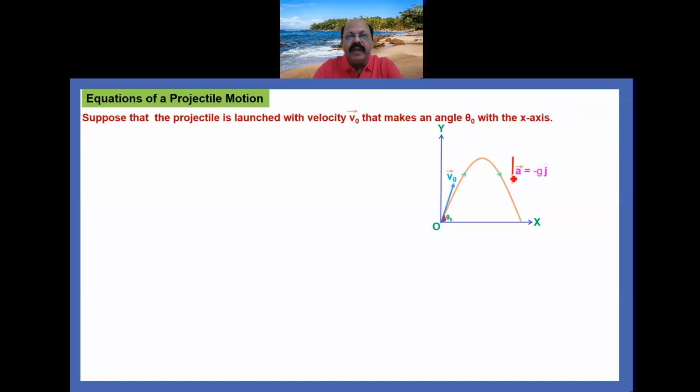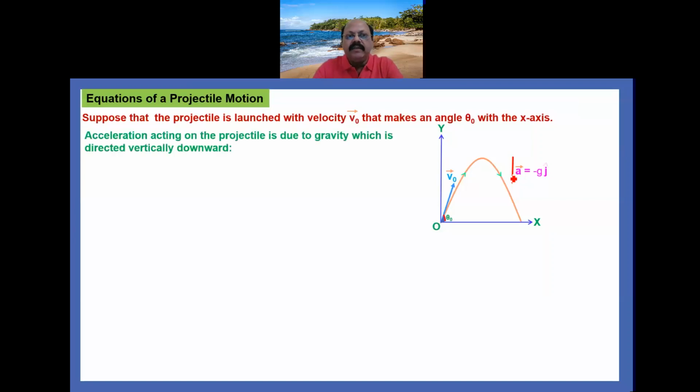So when we are projecting the projectile in upward direction, the velocity of the projectile decreases, and when the projectile comes down, the velocity of the projectile increases. But acceleration due to gravity remains constant.